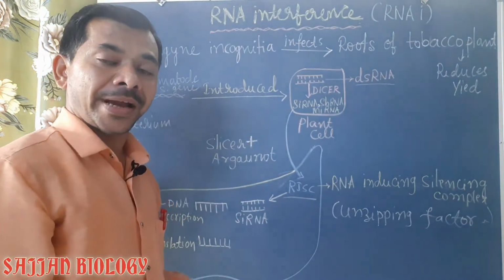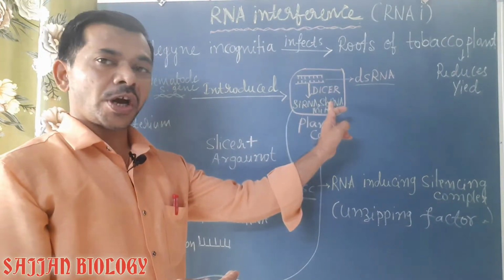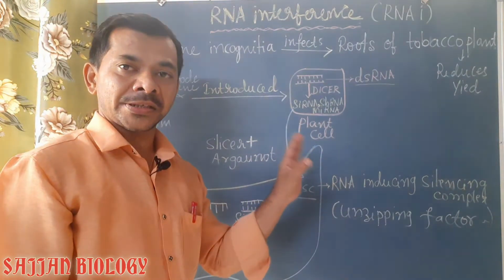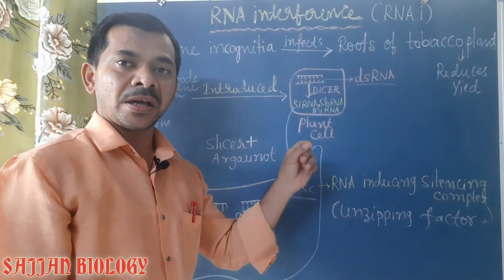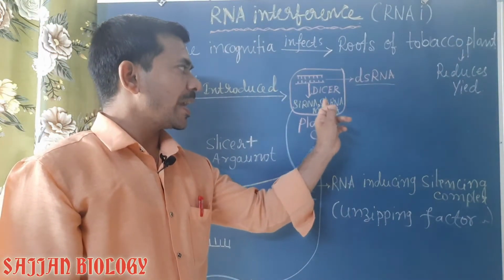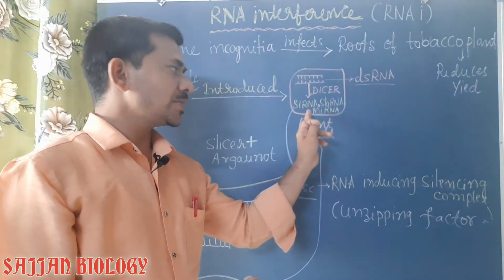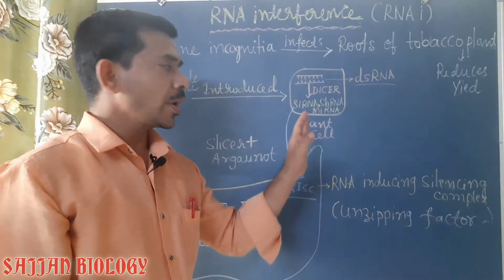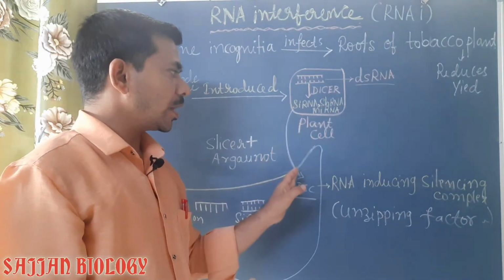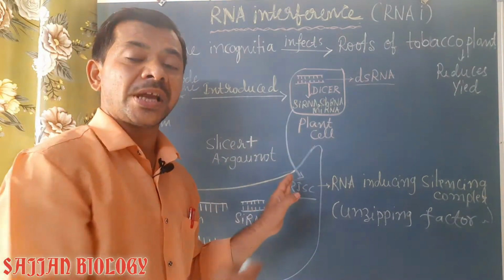They are called siRNA, shRNA and miRNA. siRNA is small interfering RNA, next is small hairpin RNA, and next is microRNA. So any one of these three RNAs then proceeds to RNAi.